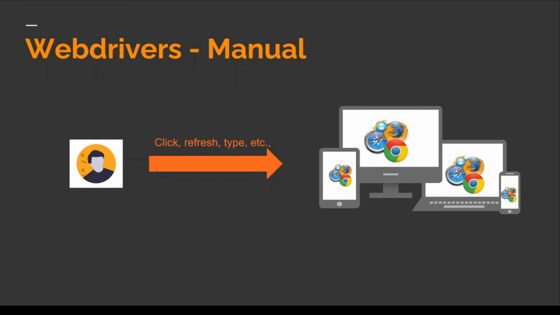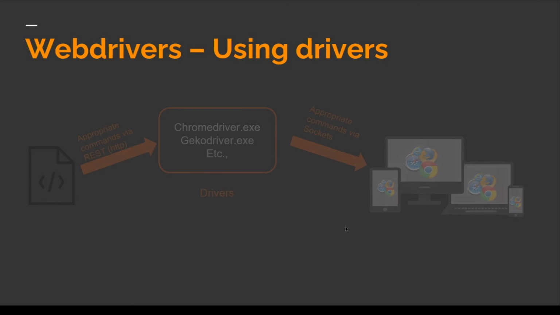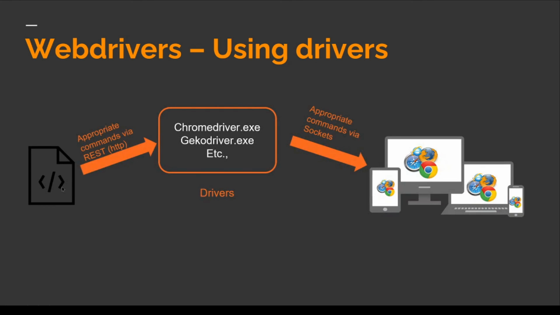But when we do the same thing programmatically, what happens is, using web drivers, our Java code will send an appropriate command to open or click or something via HTTP to the particular driver that we want. And this driver sends an appropriate command to the actual web browser through sockets. I think it's the Storm protocol. And actually the browser starts working.